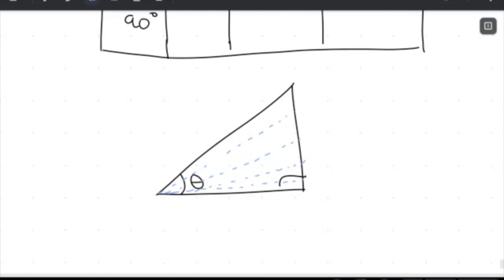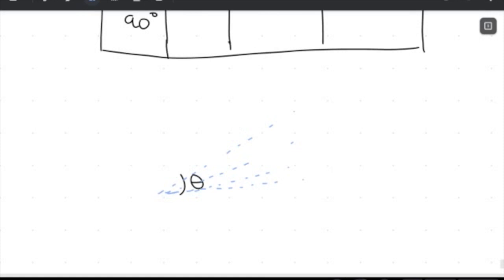Now, let's look at what happens with the cos if this was 0. Let's just look at a triangle.